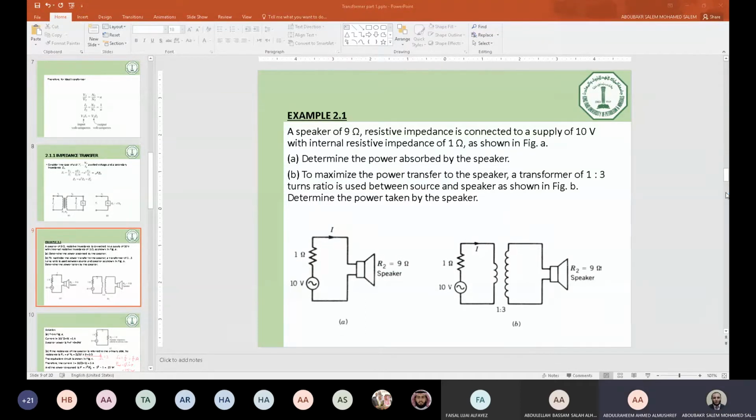Through the turns ratio. So what will be the value? You have 9 ohms now on the secondary side. What is the effective or reflected value to the primary side?